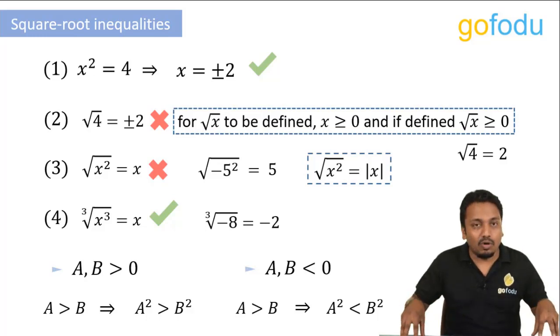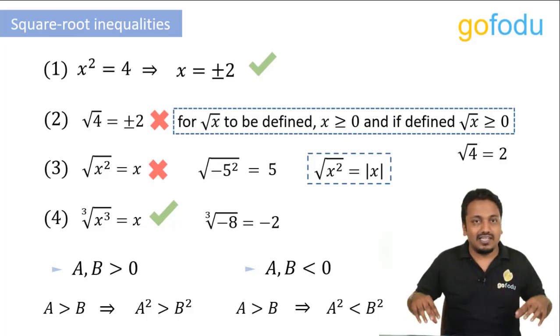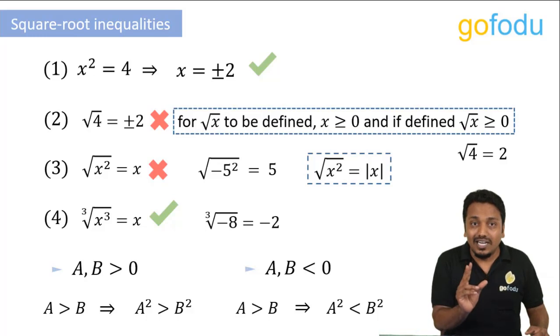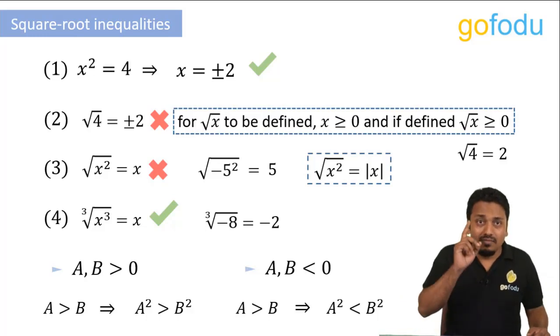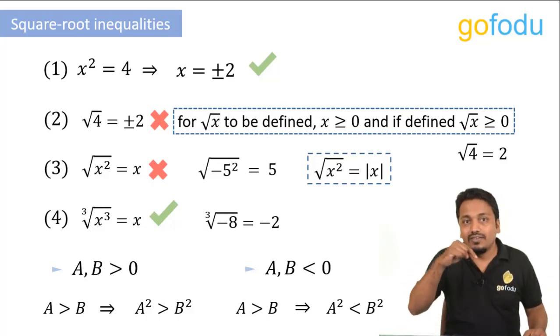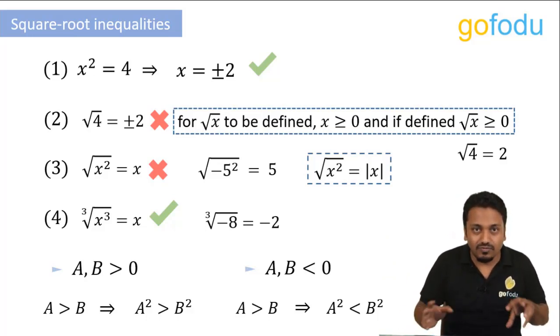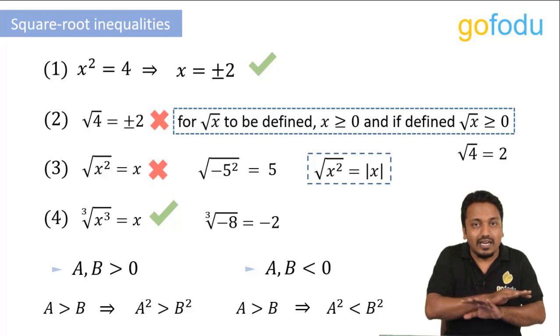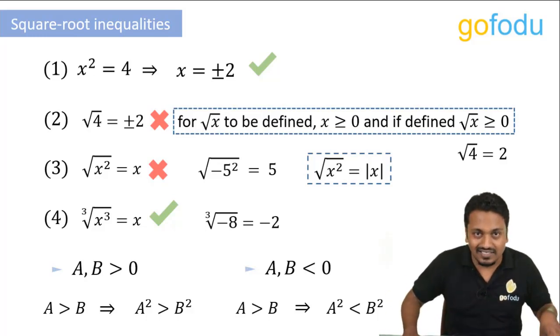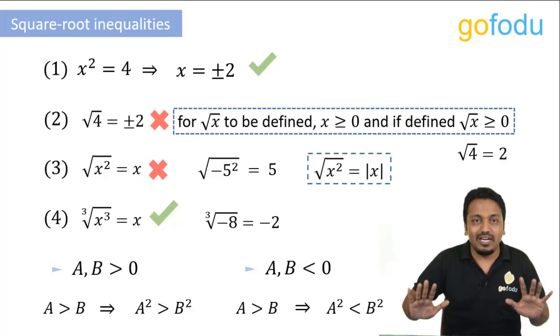Also, if one number is negative and the other is positive, or if the signs of the numbers are not known, then we cannot square on both the sides. This should be clear to you.